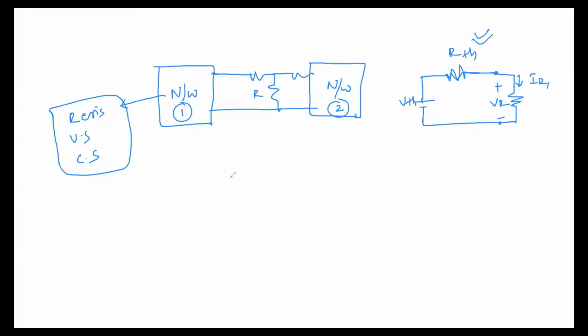Now, what is my aim? I will not give the resistor value. I will keep it as a variable resistor. We don't know the value of the resistor, and we have to find the resistor value for what condition?